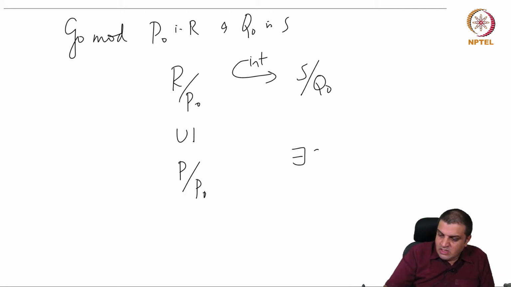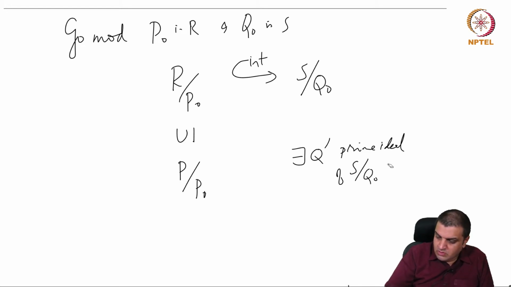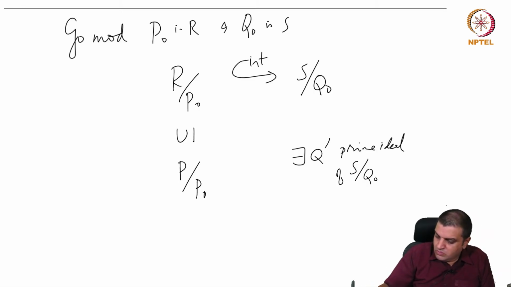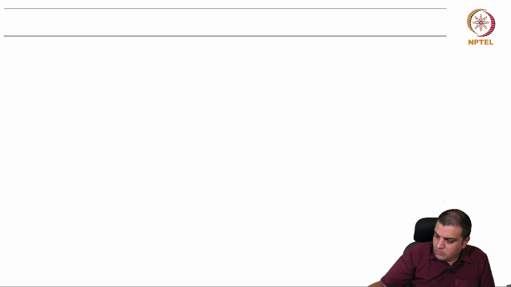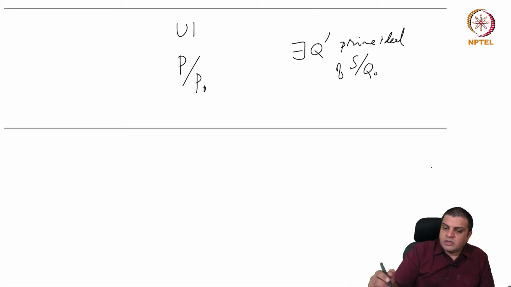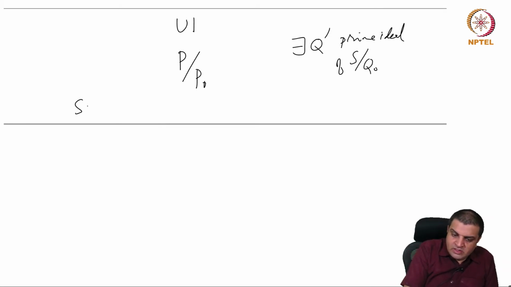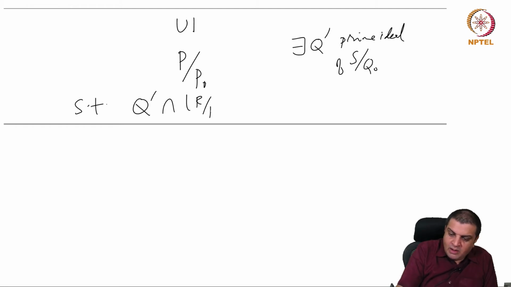So there exists a prime ideal Q prime of S mod Q0 such that Q prime contracts to P1 mod P0 inside R mod P0.